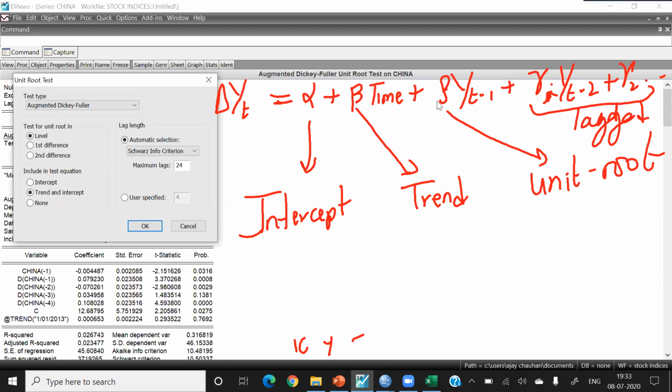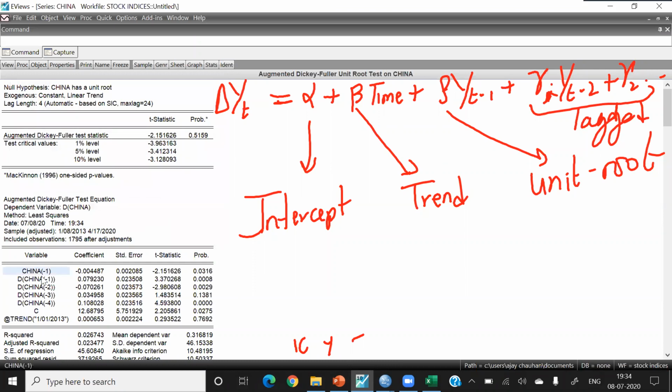Similarly, this row is the null hypothesis of the ADF test, and how many lagged values we can consider is decided by Schwarz's information criterion, up to a maximum of 24. But here you can see in this option that 4 lags are considered by the software for this part.